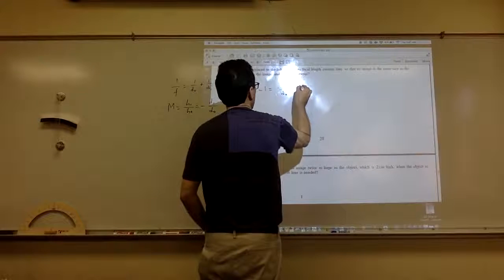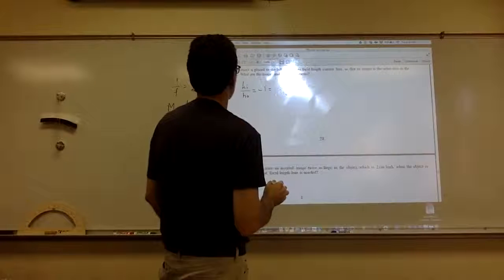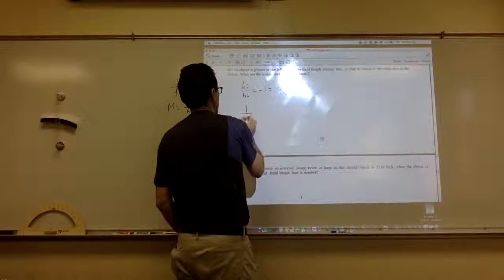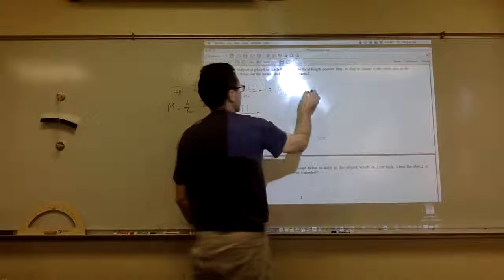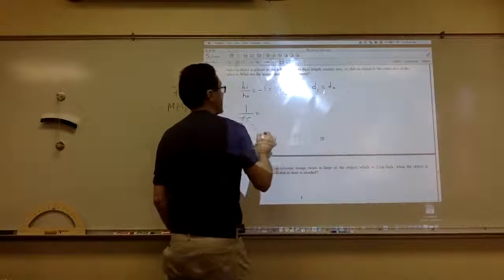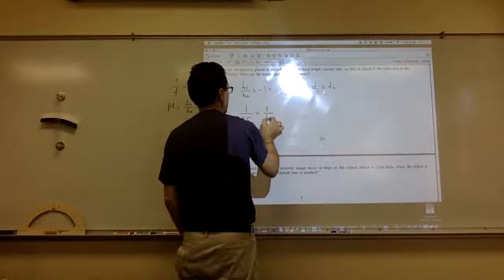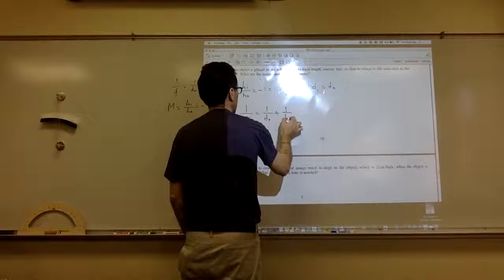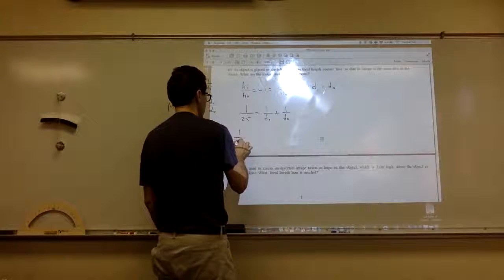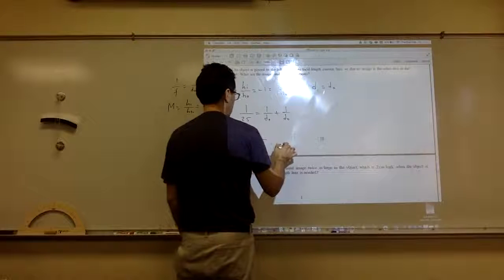Yep. Okay, so now it's asking us to find what are the image and the object locations. So we can start with one of them. So I can say 1 over 25 equals, now here we can see that di is equal to do. Okay, so it's going to be 1 over do plus 1 over do. So this is going to be 1 over 25 equals 2 over do.